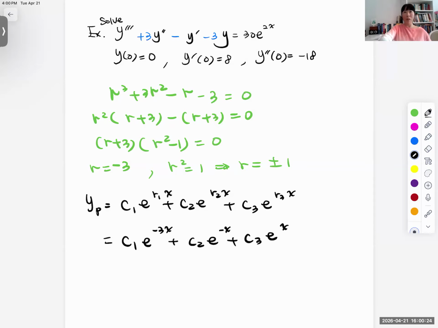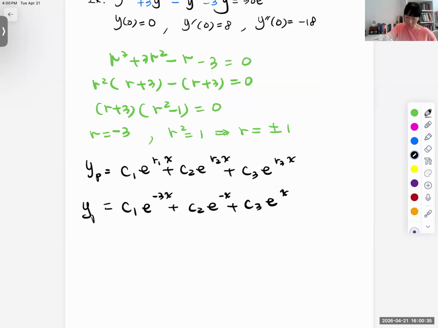Now, on the right hand side we have e to the 2x. We can guess that for the complementary solution.